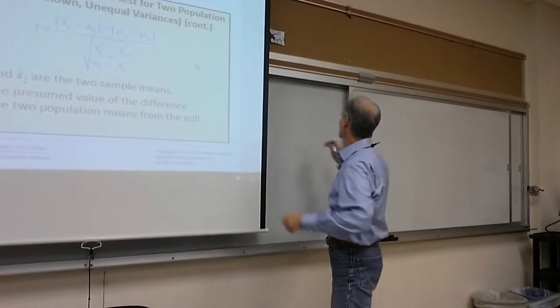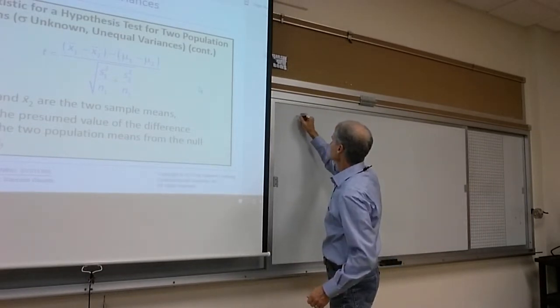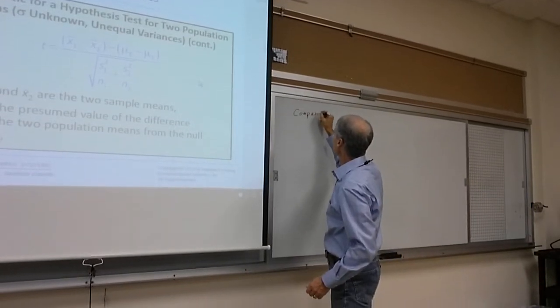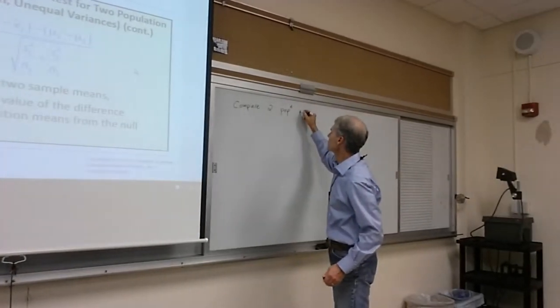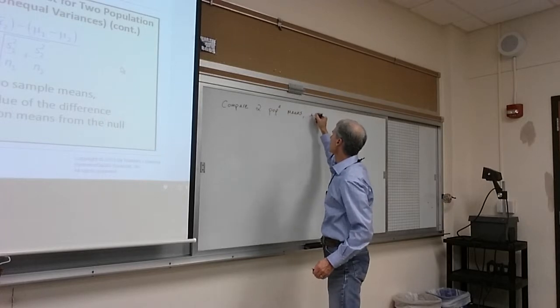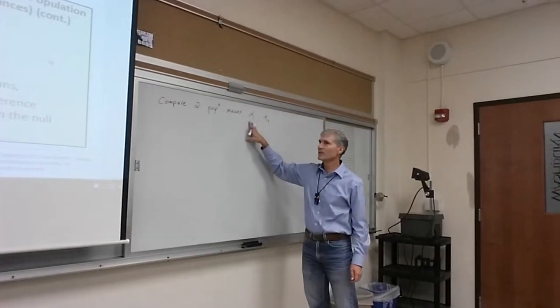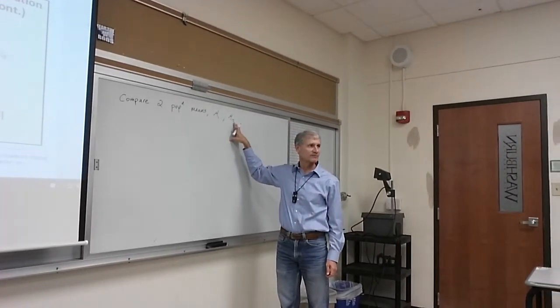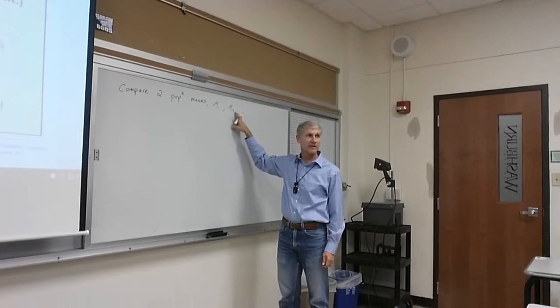What we're doing is we want to make inference about, we want to compare two population means. We'll call them mu1 and mu2. So I might have a population of males and a population of females. I might have a population of smokers, a population of non-smokers.